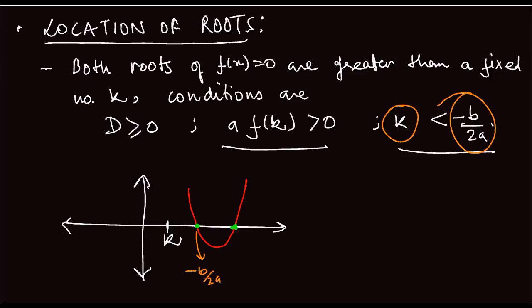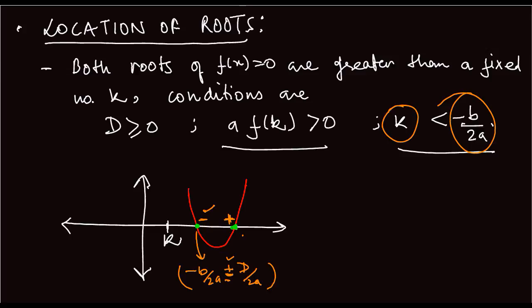So let's say minus b by 2a plus minus d by 2a. These are the two roots. This will be the minus one and this will be the plus one. When we add these two terms we get this root, and when we subtract them we get the other.